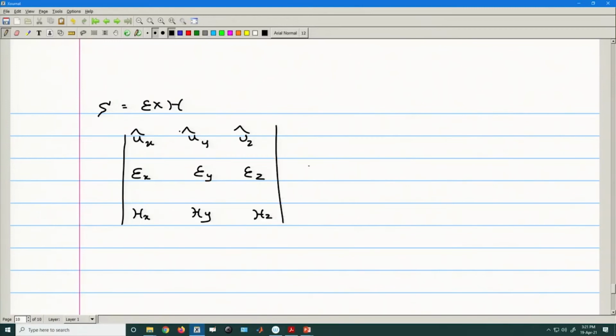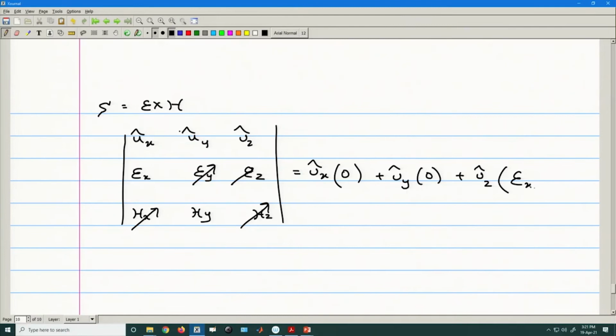Fine. That is equal to, for Ux, see here Ey, Ez is not there, Hx, Hz is not there. So, we will calculate as Ux, we will get Ux is 0 plus Uy is also 0 plus Uz we have Ex multiplied by Hy.